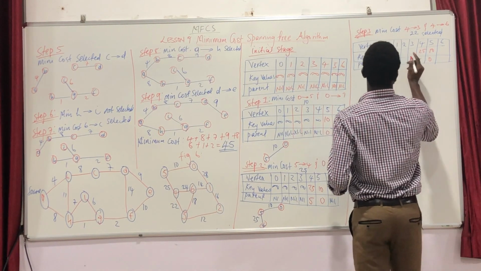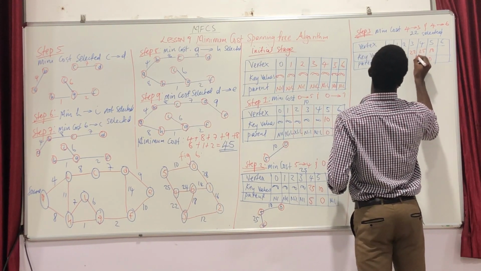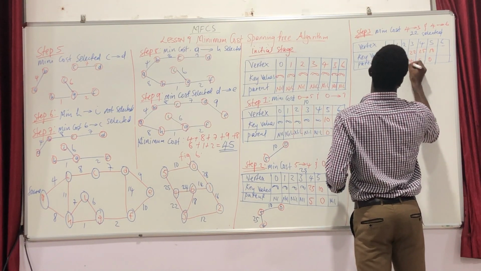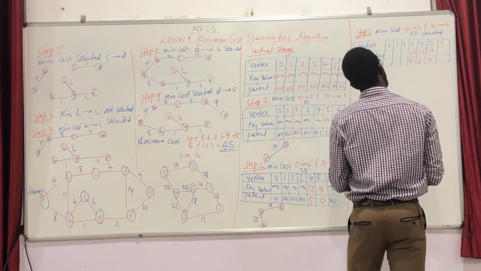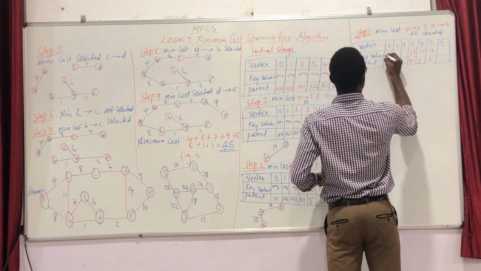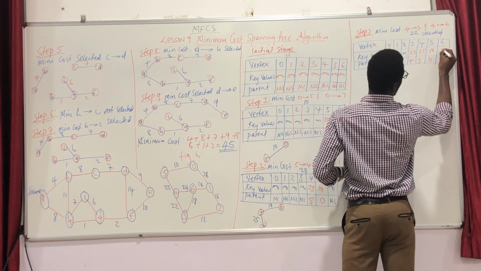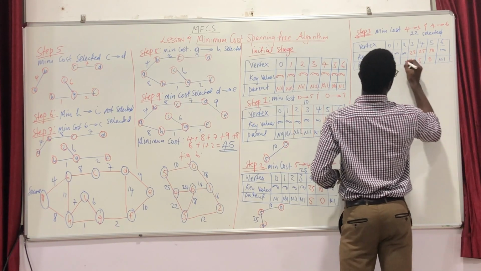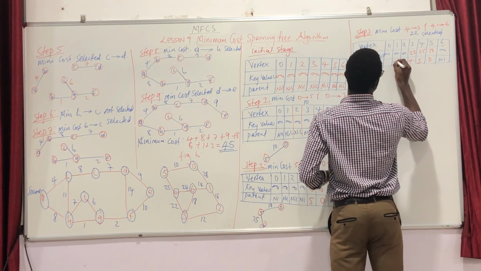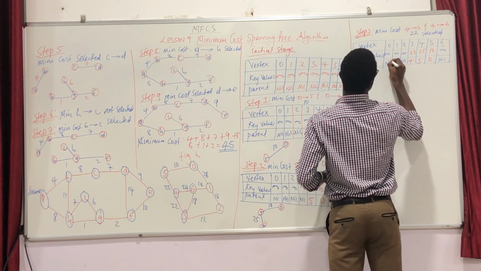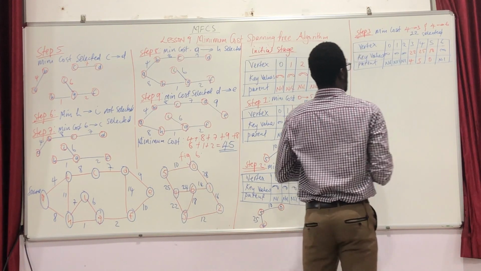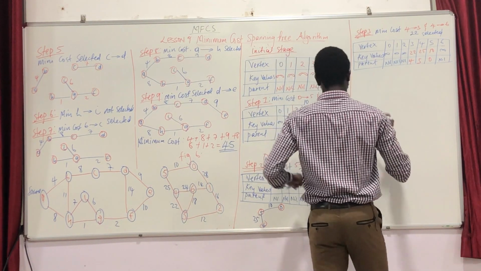And now 4 to 3, which is 22, as usual here. Now we'll draw our diagram here.